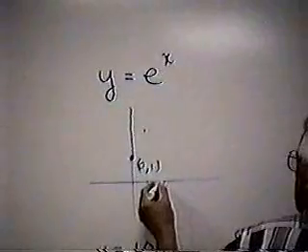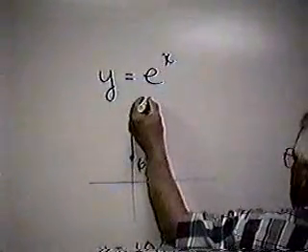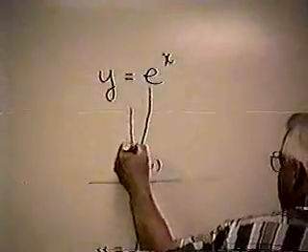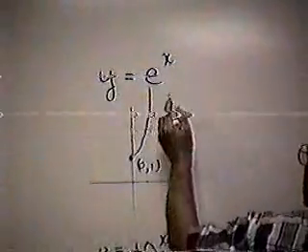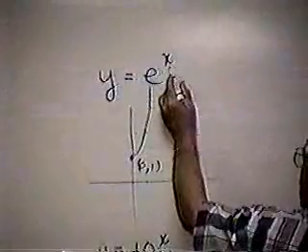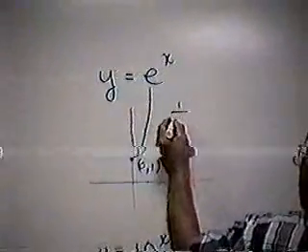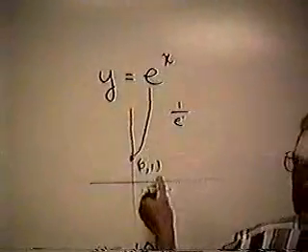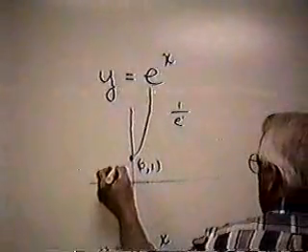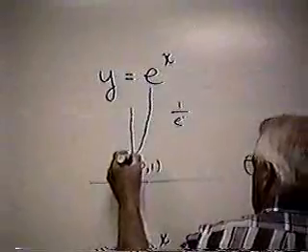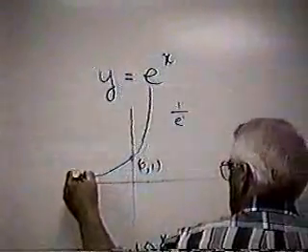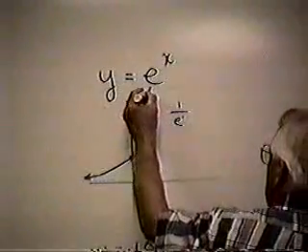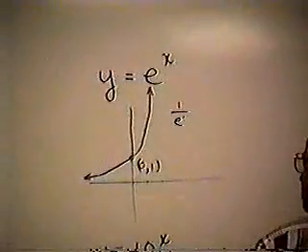When it's 2, it's squared, that's 7 point something. So it really jumps up quickly. So this thing comes up very fast. Now when x is minus 1, then that's 1 over e, which is 1 over 2.7, which is .37. So when it's minus 1, it's a fraction, and then it becomes small and gets close to 0. Never touches 0, but gets small quickly.